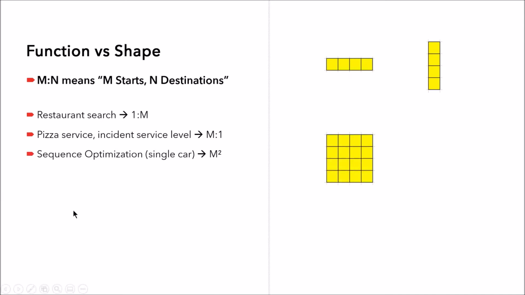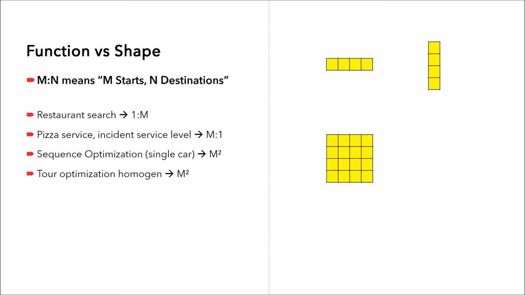The next shape is a square. That is a structure you need if you want to calculate an optimal sequence for a single car. Let's say you want to visit 4 customers and you want to know the best sequence to visit these customers as a single individual driver, for example. That should be quite easy. You need the same structure, by the way, if you want to optimize a whole fleet.